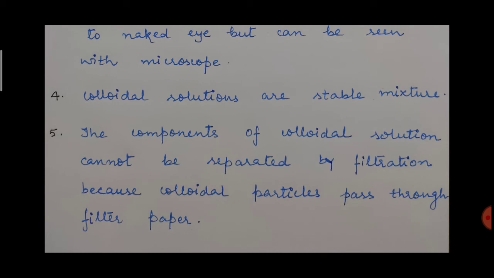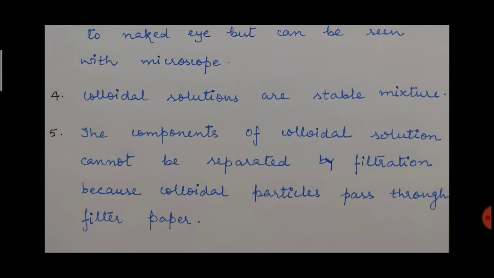Though they are bigger than the particles of a solution, if we apply filtration to separate the components of a colloidal solution, we won't be able to do so because the colloidal particles are smaller than the holes of the filter paper.